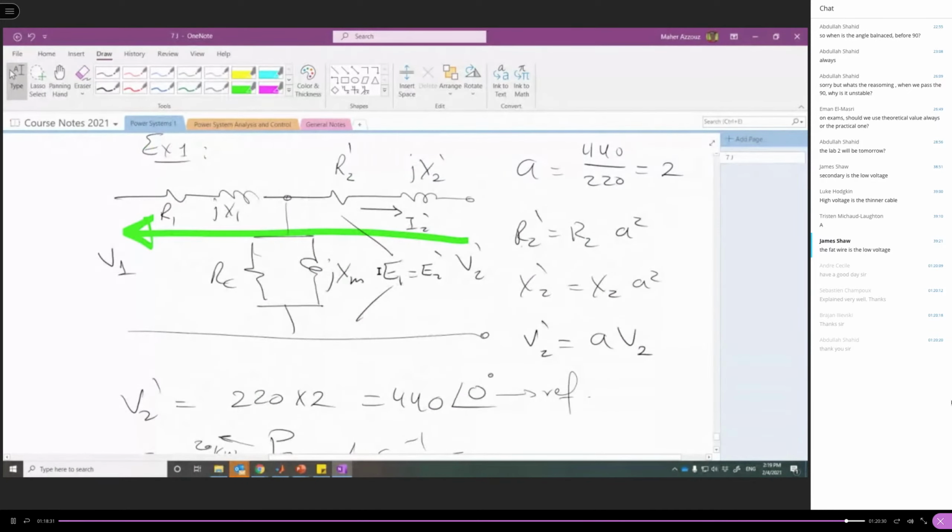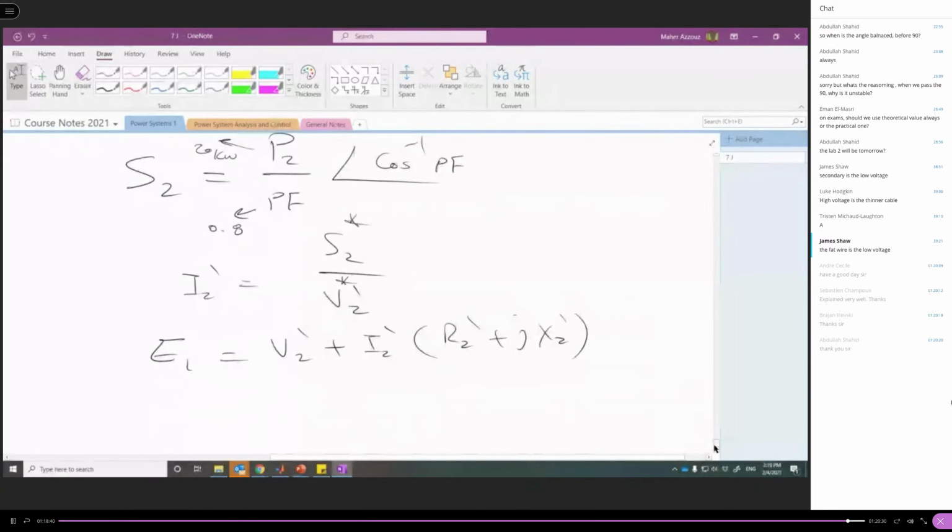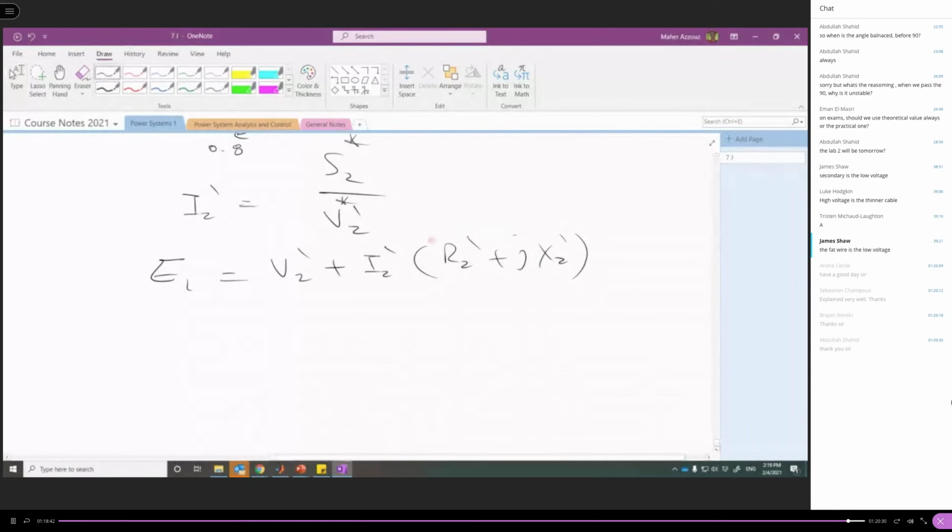Once you get E1, you can get the current here, IE. So IE is equal to E1 over RC plus E1 over JXM.